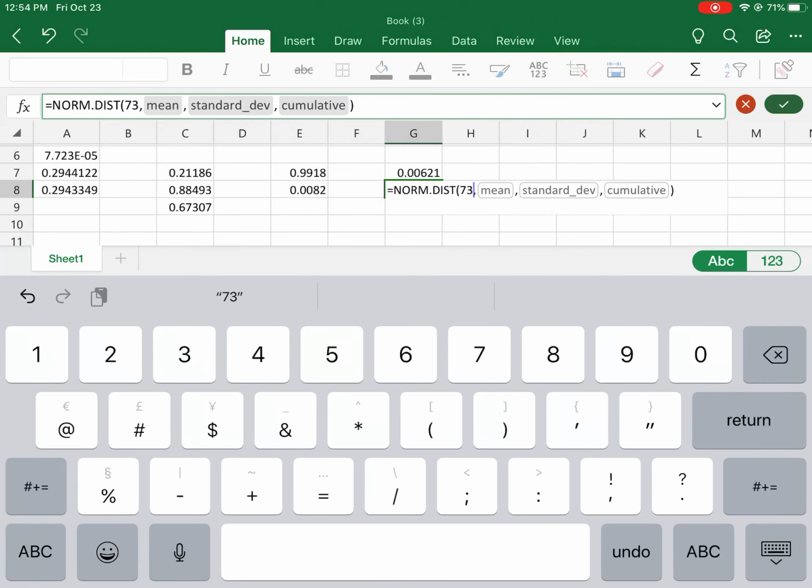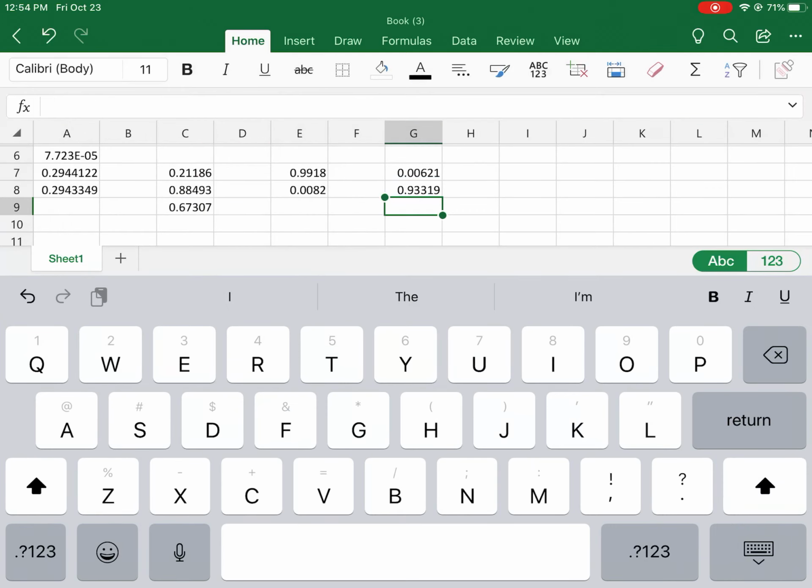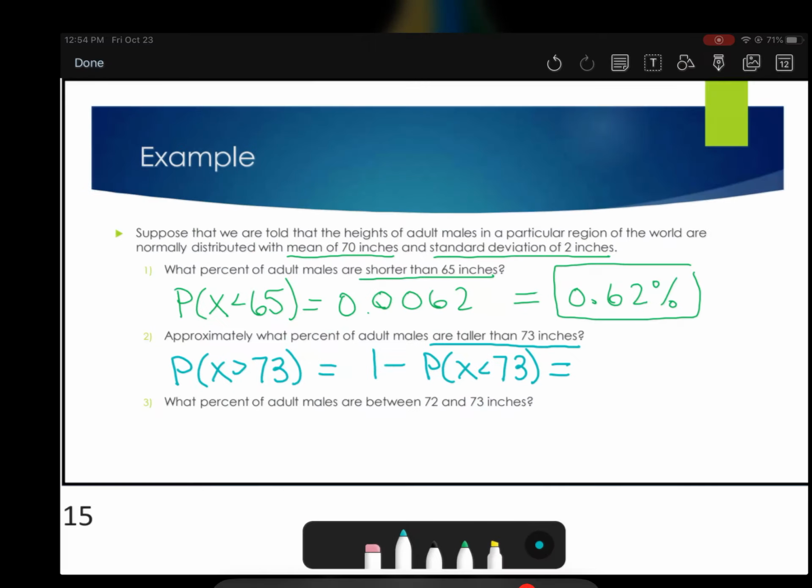So here I have 73. And again, everything else stays the same. Oops, that's from the last problem. Okay, so I get 0.93319. That rounds to 0.9332.